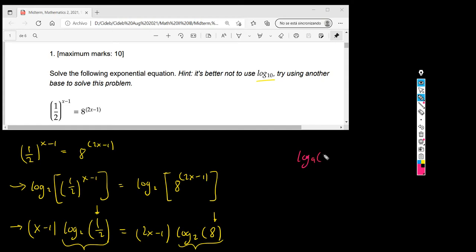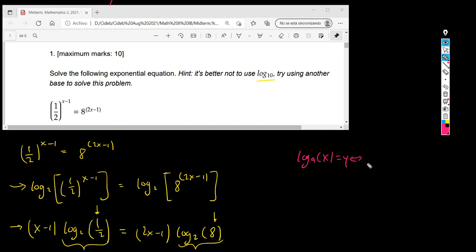Logarithm base a of x equals y, if you put it in exponential notation, is the same as a to the y equals x. You remember this? These are equivalent statements. They say the same thing.